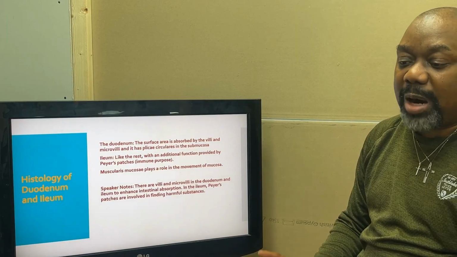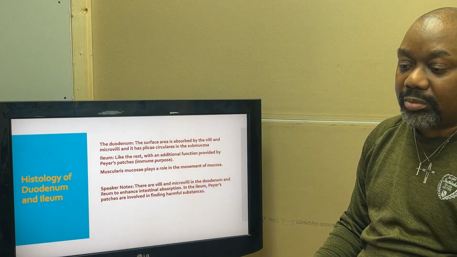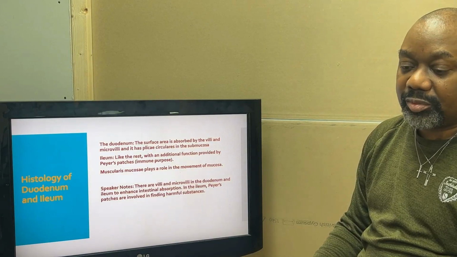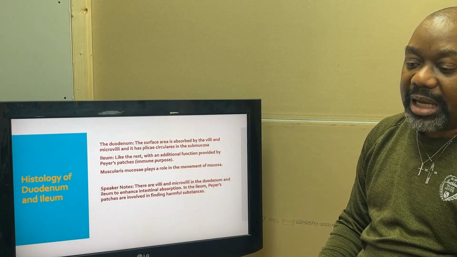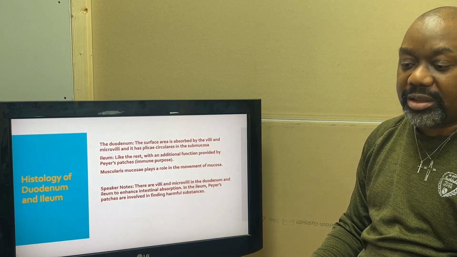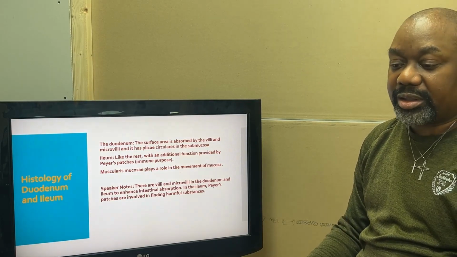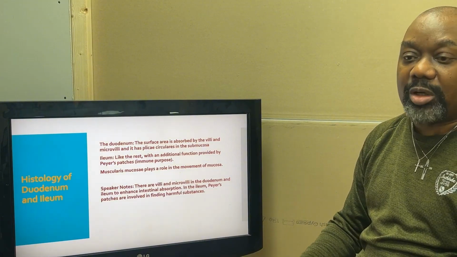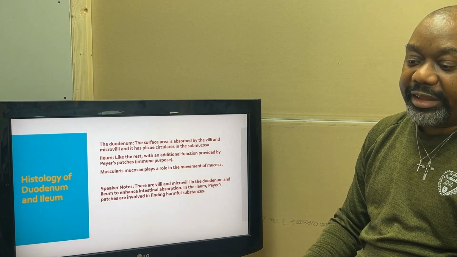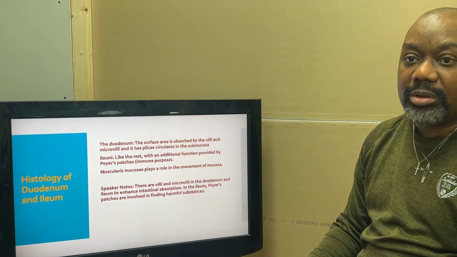This is for immune purposes. Muscularis mucosa plays a role in the movement of the mucosa. There are villi and microvilli in the duodenum and ileum to enhance intestinal absorption. Also in the ileum, the Peyer's patches are involved in finding harmful substances.